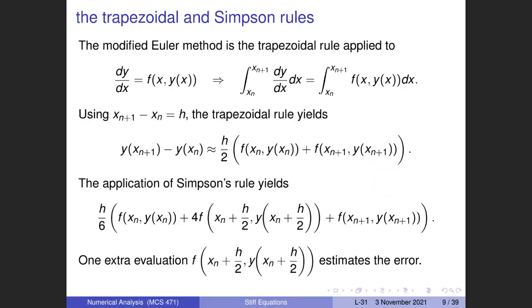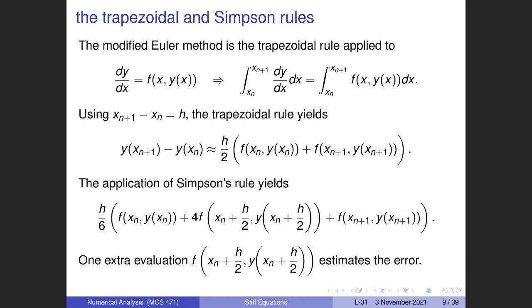So what are Runge-Kutta methods again? Let's first make the connection algebraically, or with the calculus. When we derive our methods, we can do numerical differentiation or we can do numerical integration. Here we apply numerical integration. We derive the trapezoidal rule by applying the trapezoidal rule to the right-hand side, and we get the Simpson rule by applying the Simpson rule to the right-hand side.